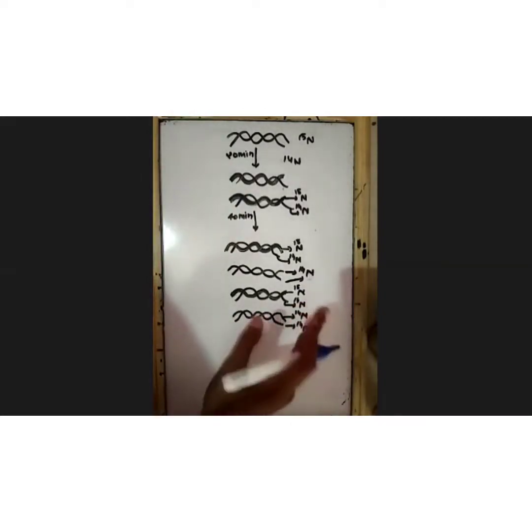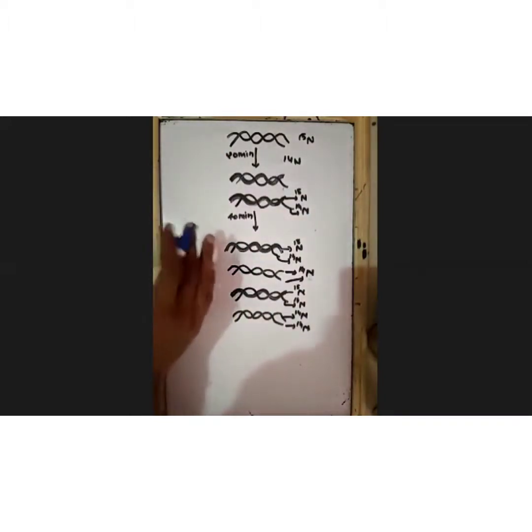From their result, they expressed the result by centrifugation in cesium chloride. You know that in centrifugation we will get two substances at different levels on the basis of their density. So we will get a density gradient.